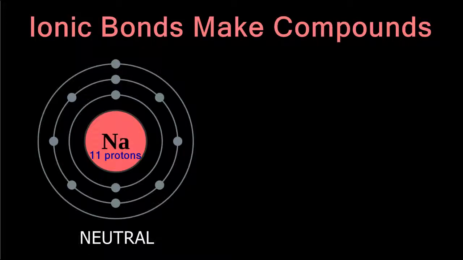It is called a neutral atom. But just because sodium is neutral doesn't make it happy. At the moment, sodium's outermost orbital is the third orbital. This orbital can be considered full, holding 8 electrons or 18 electrons. Sodium only has 1 electron in that outermost orbital.